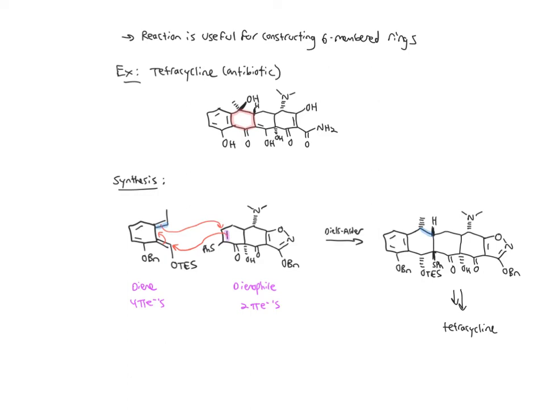Those are also going to make a sigma bond, so that's going to be there. And then these pi electrons, they just went into making a new double bond. And so those are the new bonds that are formed in that Diels-Alder reaction.